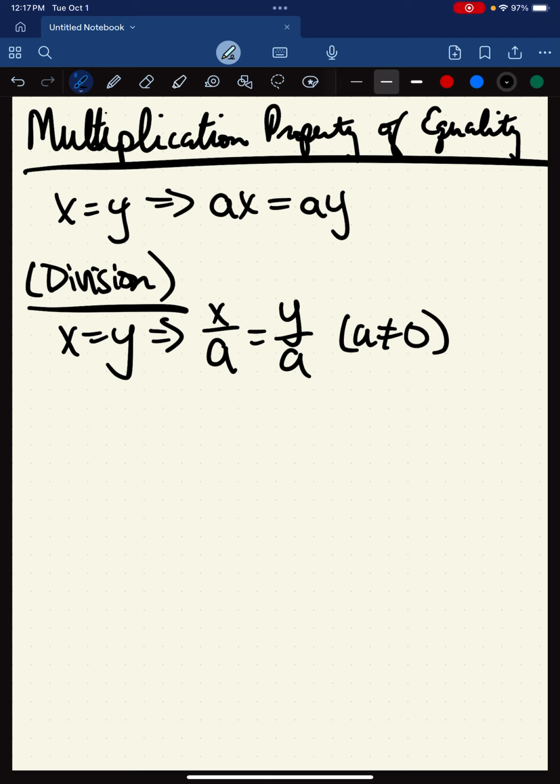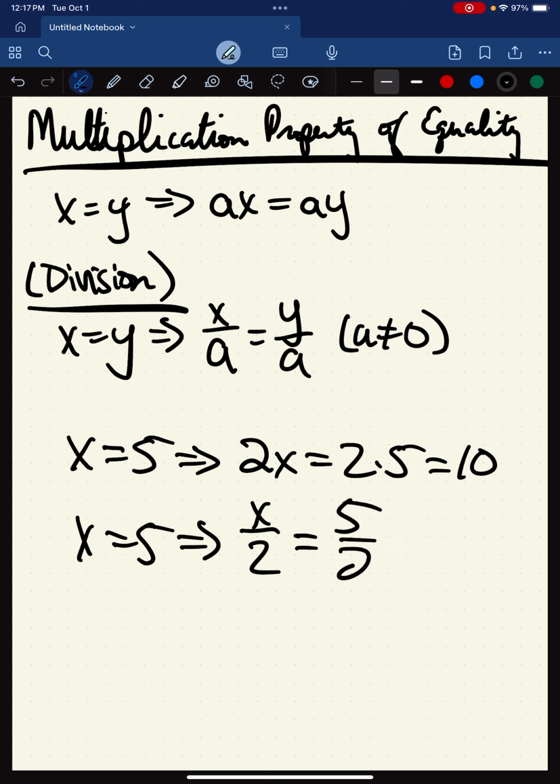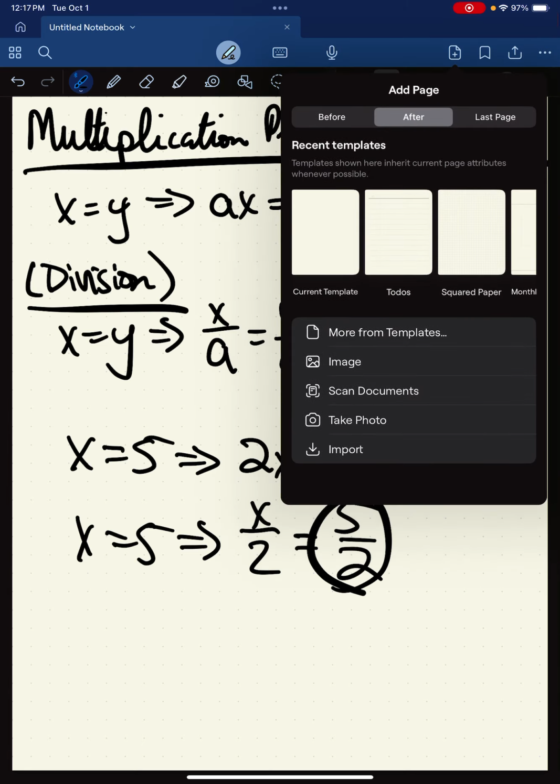Let's say we have x is 5, then 2x is going to be 2 times 5, which is 10. Division, x is 5, then x divided by 2 is going to be equal to 5 divided by 2, which is just 5 halves. These will become way more apparent why we need them in just a few minutes.